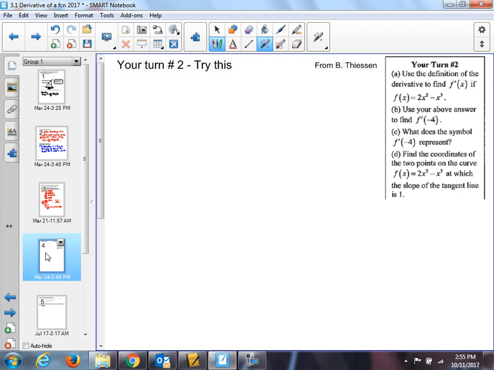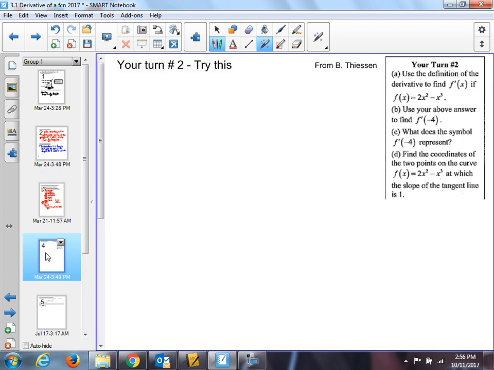Now, try this. Use the definition of the derivative to find f prime of x if the function is 2x squared minus x cubed. This is what I'm saying. X cubed is kind of the max. I've done it, and it takes me pretty well the full page.